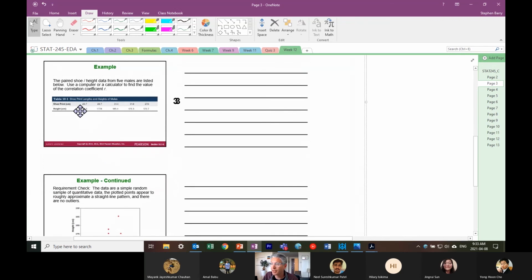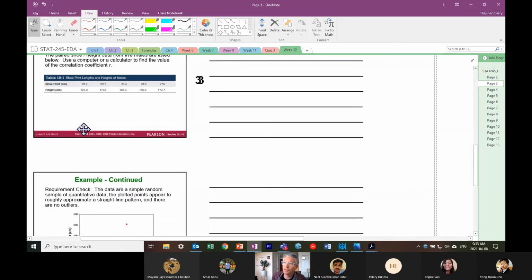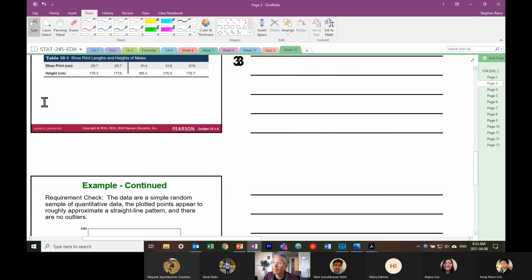Like this. So let's just take a look at the first step in all of this. They're trying to figure out here, is there a relationship between the size of somebody's shoe print? So all they're saying here is, is there a relationship between the size of somebody's shoe?